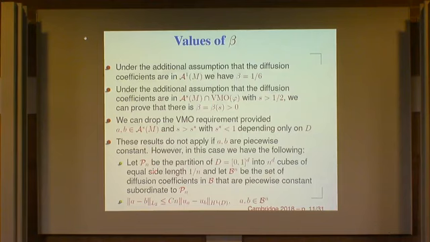By the way, if you apply these results to piecewise constant functions, you don't get this stability, but you can directly prove that if you have piecewise constant functions on a partition into n to the d cubes, this is often used in simulation, right? You take your parameter domain and divide it into small cubes and have piecewise constant on here.